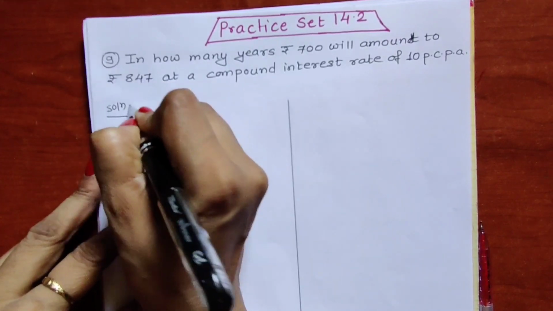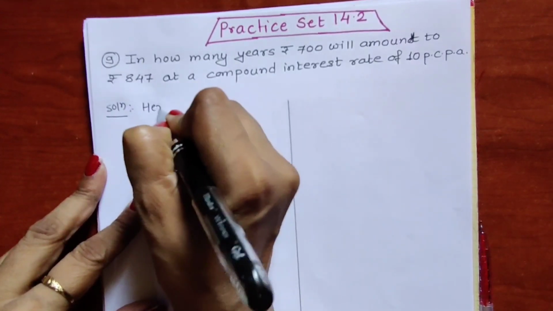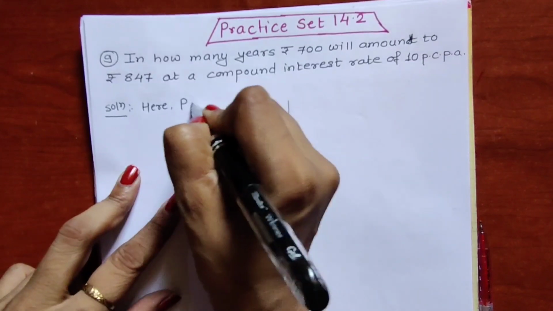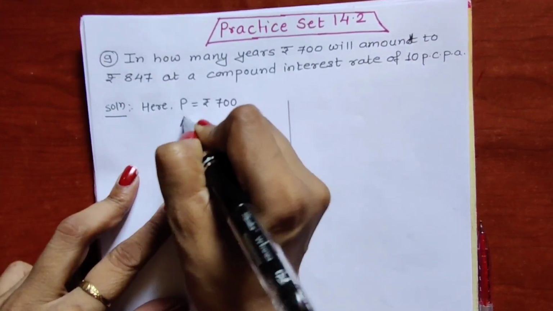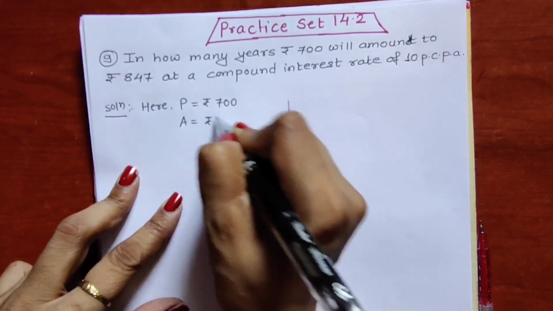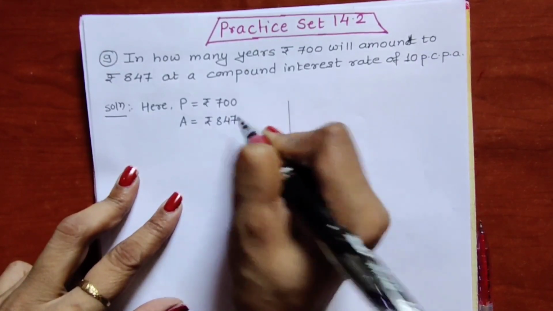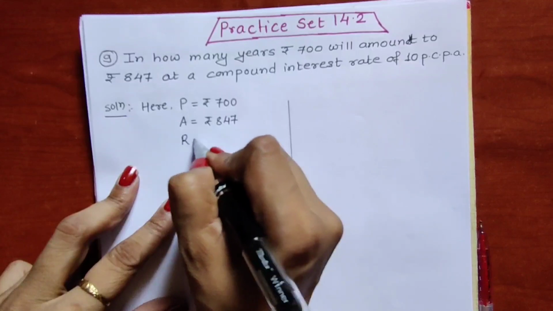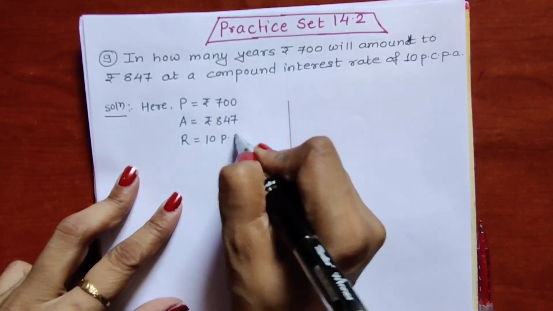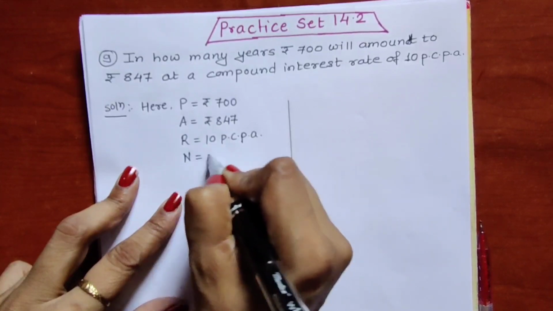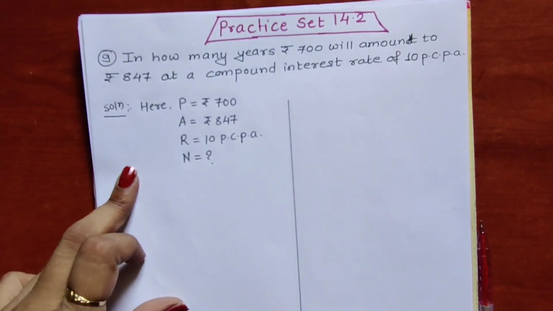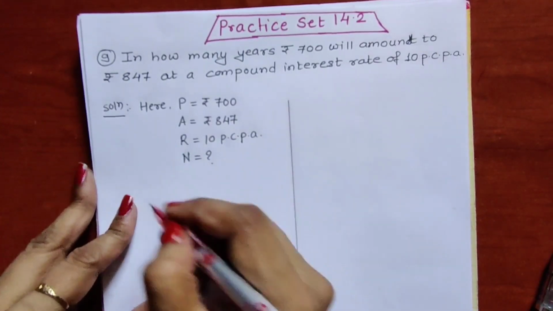Solution. Here principal is equal to rupees 700. Amount is equal to rupees 847. Rate is equal to 10 percent per annum. Now we have to find out number of years. How many years we have to find out. So let us again write the formula.